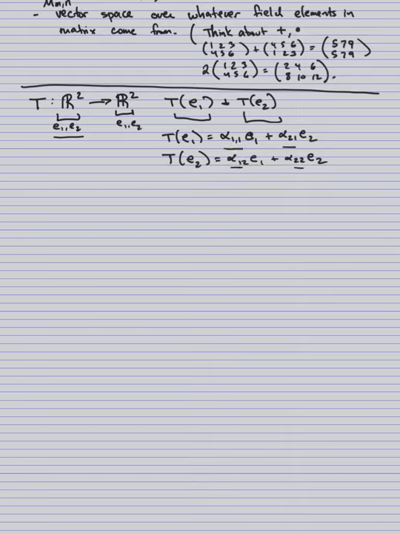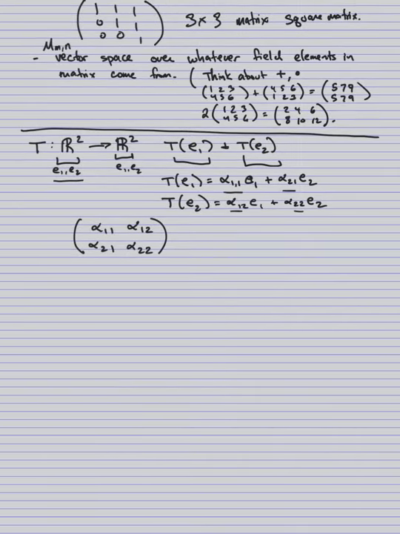So I get 4 numbers, and these are encoded in the matrix where I just write alpha 1,1, alpha 2,1. Okay, so this is my T of E1, and then I get alpha 1,2, alpha 2,2. Okay, so this is the matrix encoding T.